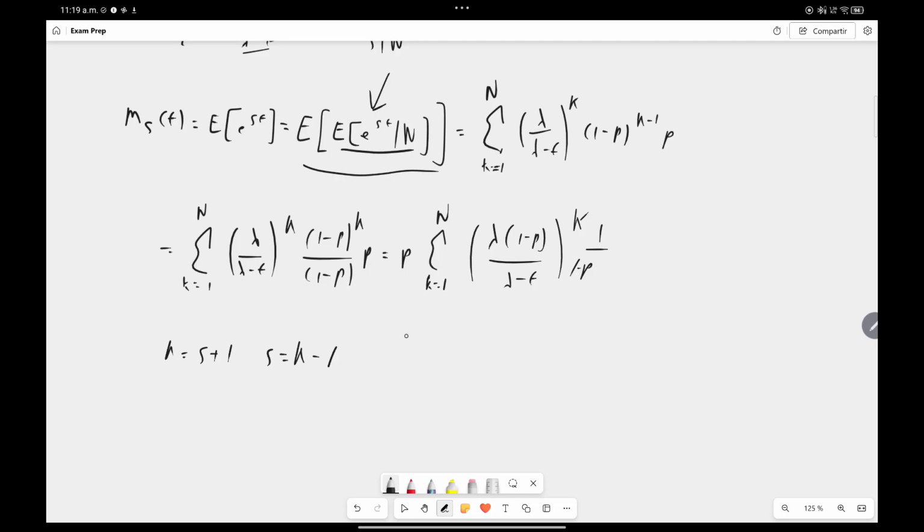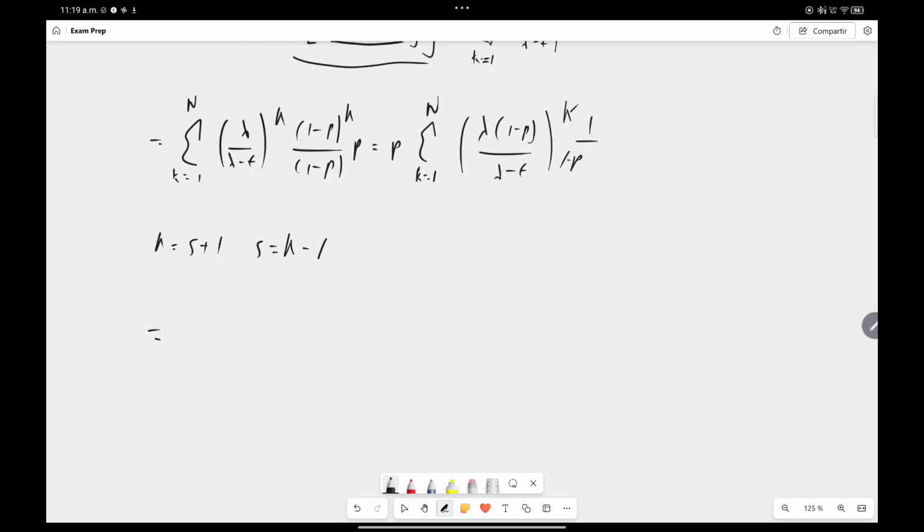After we make this change here, we have p times the sum of (lambda (1 minus p) over (lambda minus t)) to the power of s plus 1, and then 1 over 1 minus p.